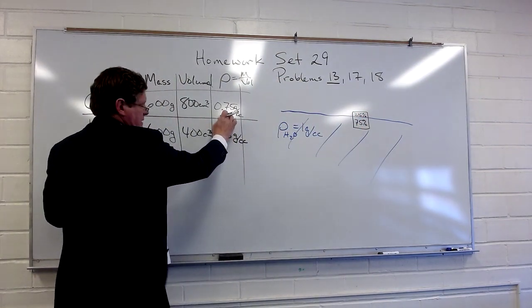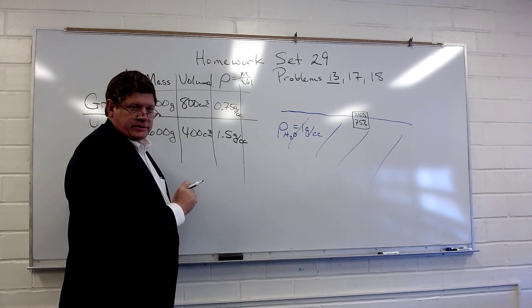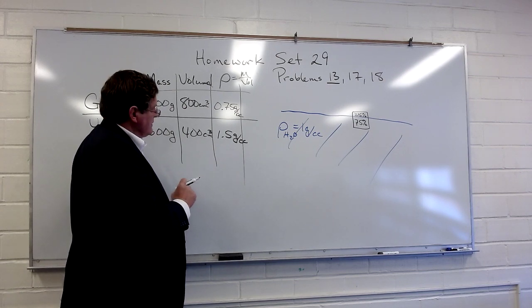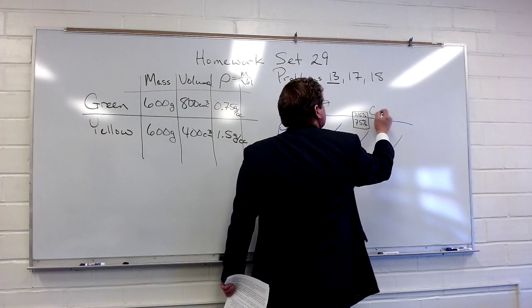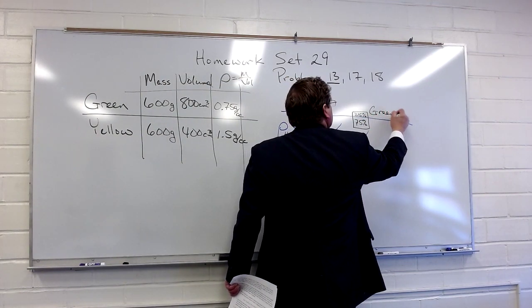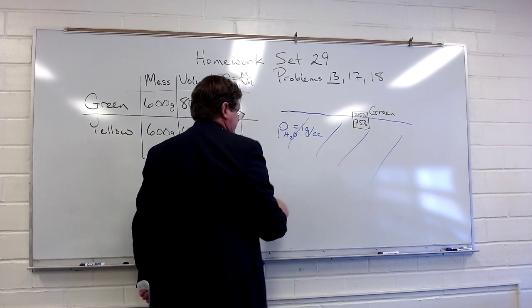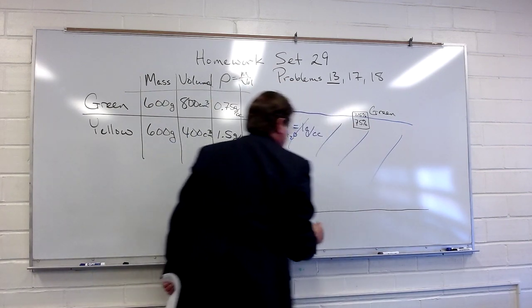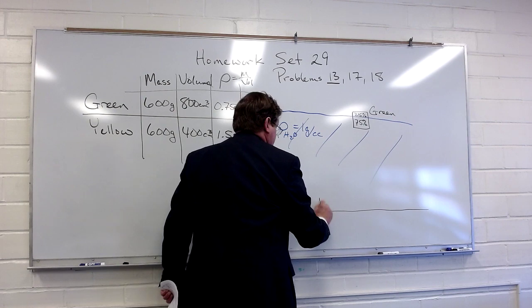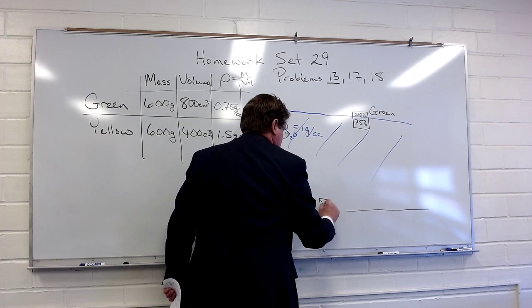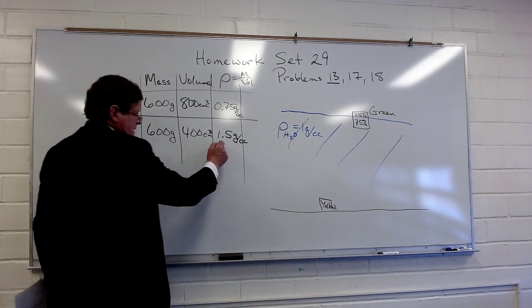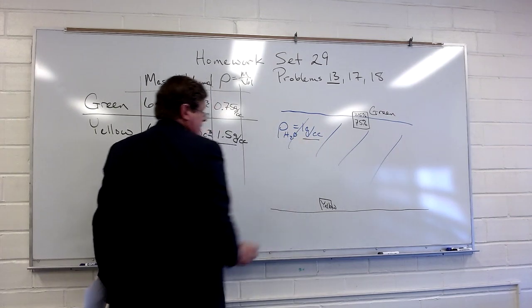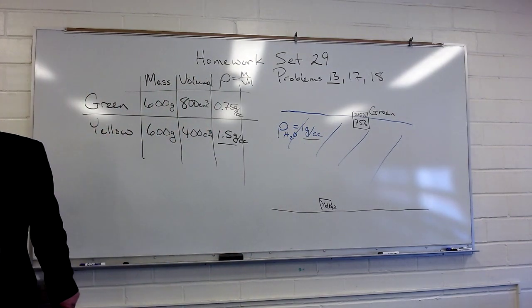I know that because it's got a density that is 75% that of water. This will be the green object. Now, the yellow object is going to sink to the bottom. Okay? Because it has a density that's bigger than the density of water.